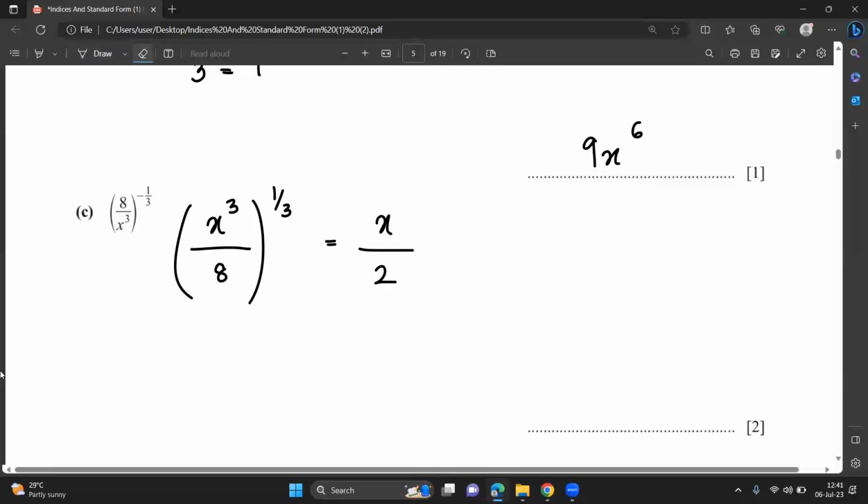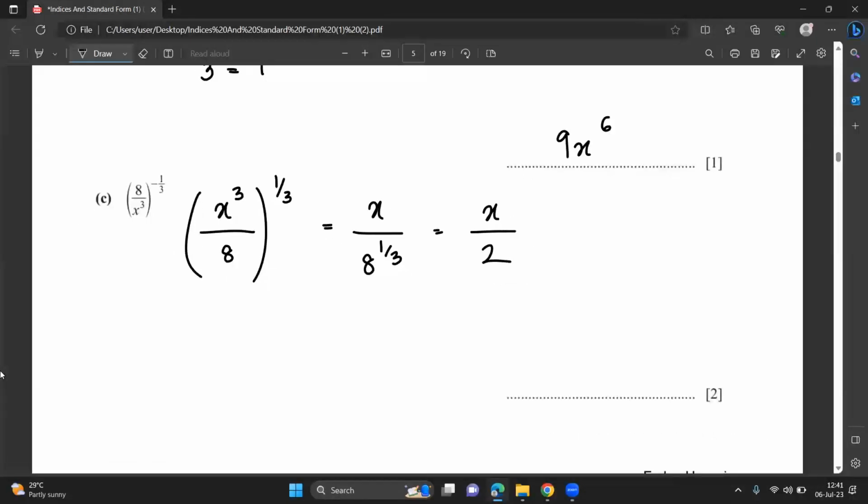For those of you who are getting confused with the denominator, maybe you can apply this step first. Then you can move on to x over 2. Okay, if you are getting confused. Anyone still copying? No.